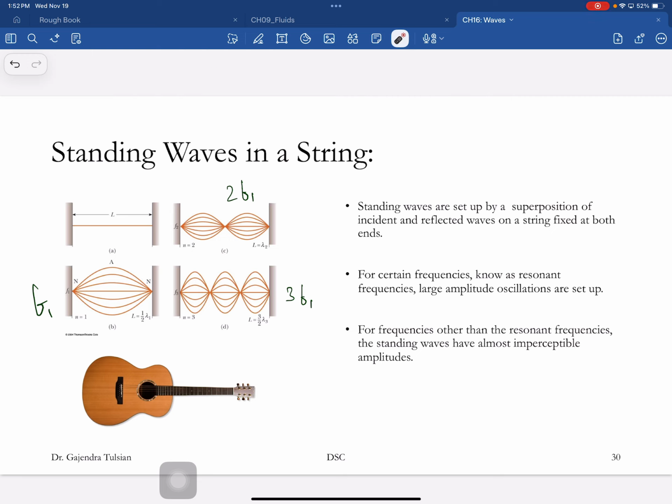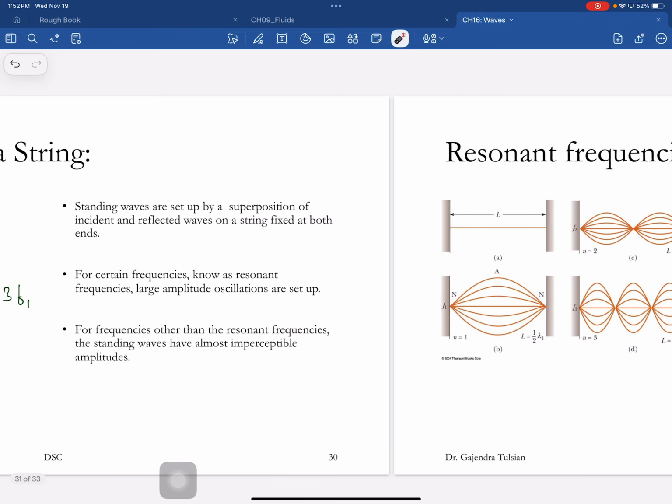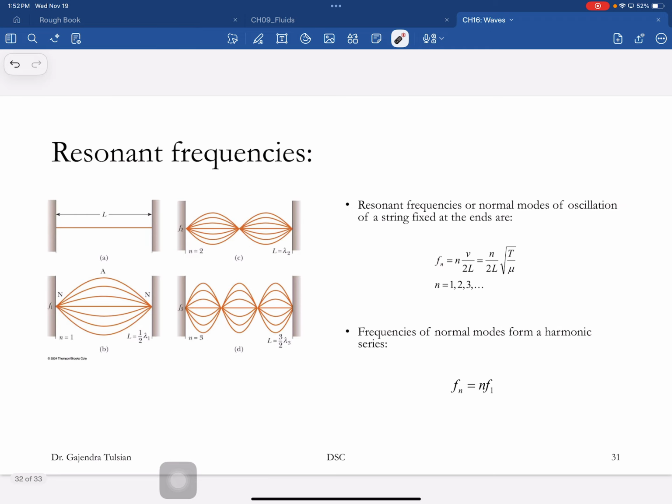So this is a harmonic series, okay? Integer multiples of the lowest frequency. So for a string fixed at both ends, the frequencies of oscillation are integer multiples of the lowest frequency. And this is the lowest wavelength, and so it's integer multiples of that.